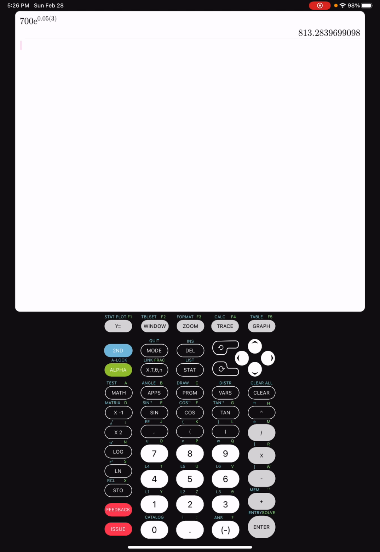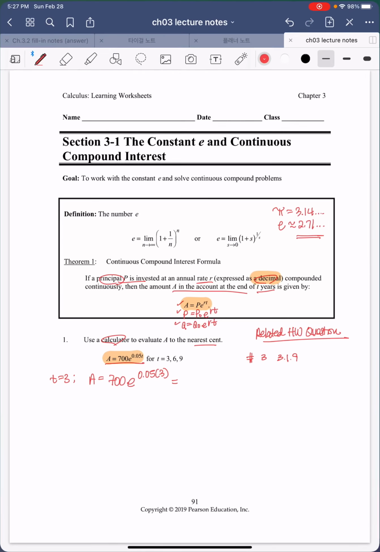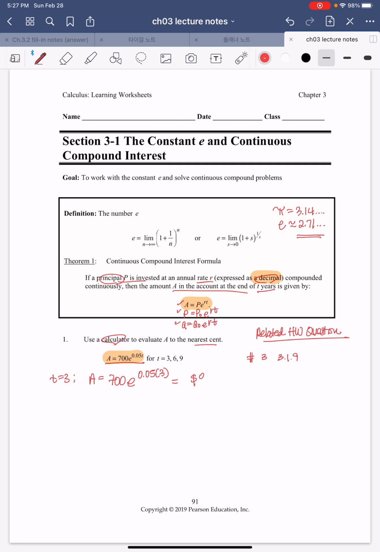So you end up having 813.28, because it's the nearest cent. So the first one, $813.28. That's what it is.